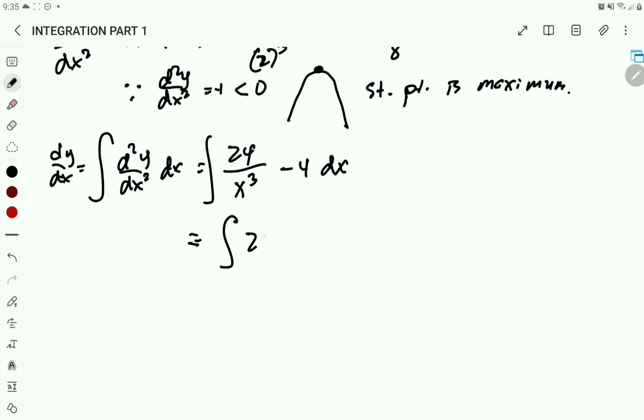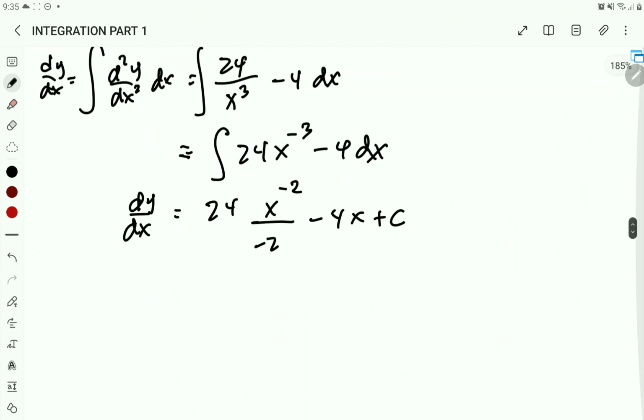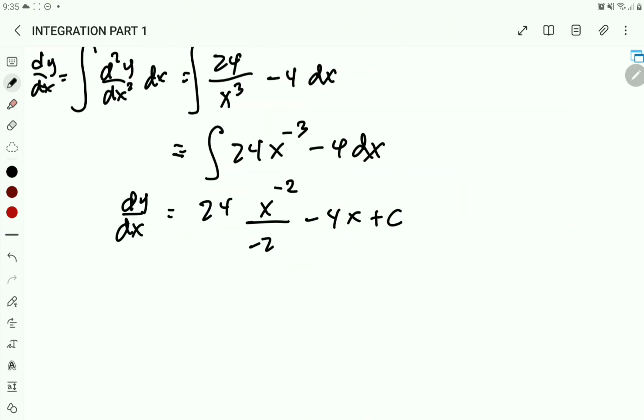The integral of 24x to the negative 3 minus 4 dx. Now we can apply our integral: 24x to the negative 2 over negative 2 minus 4x, and please don't forget your plus c. Remember, this is your dy/dx, not your f of x. So dy/dx is equal to negative 12x to the negative 2 minus 4x plus c.